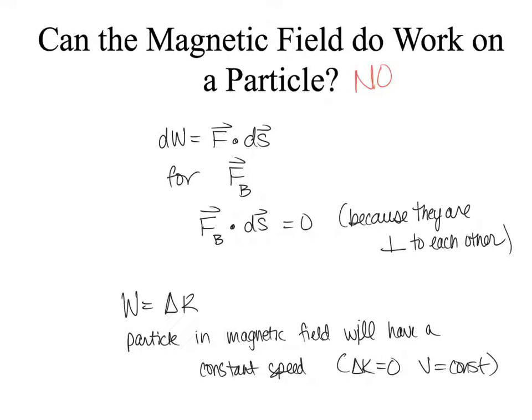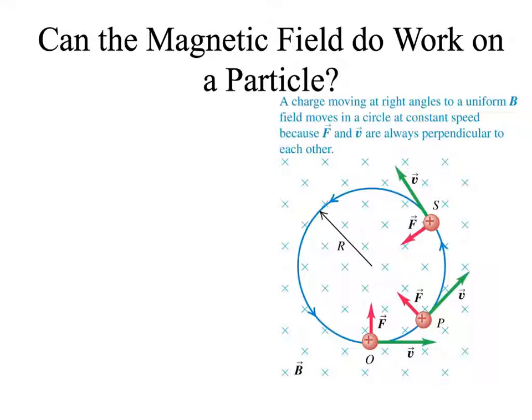It does not mean the velocity is constant. Remember, they're different. And so when we look at this particle going in a circle in a magnetic field, because the force doesn't do work, that means the speed is constant. And it's just an interesting fact that didn't really seem to be coming up, and I wanted to make sure that you knew that. So hopefully this is helpful. See you soon.